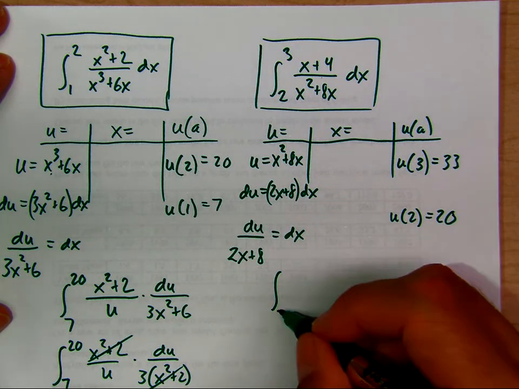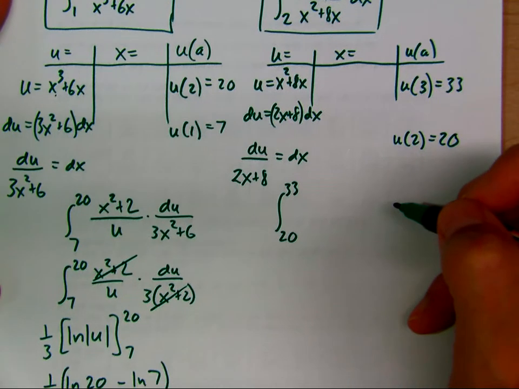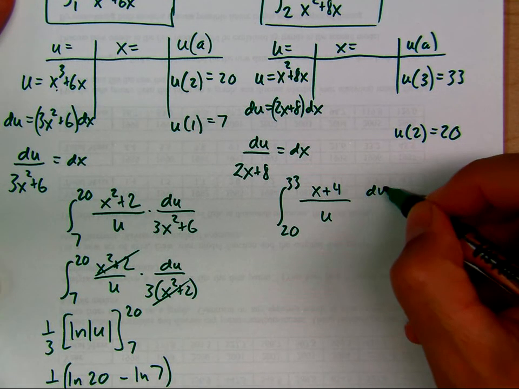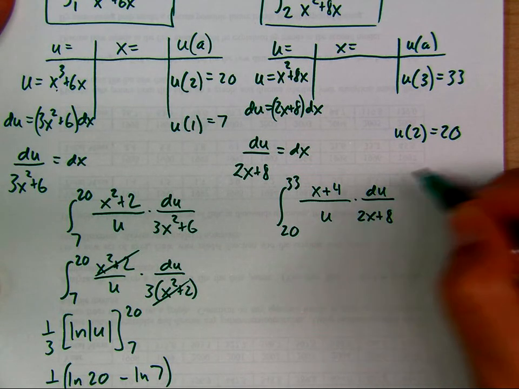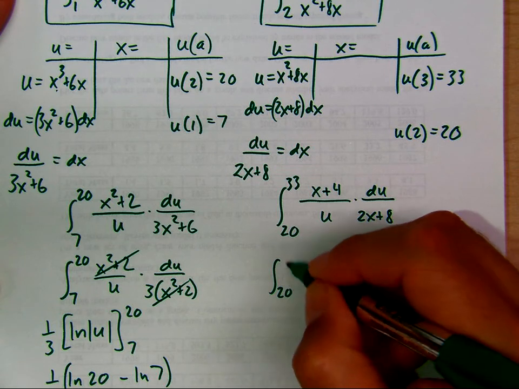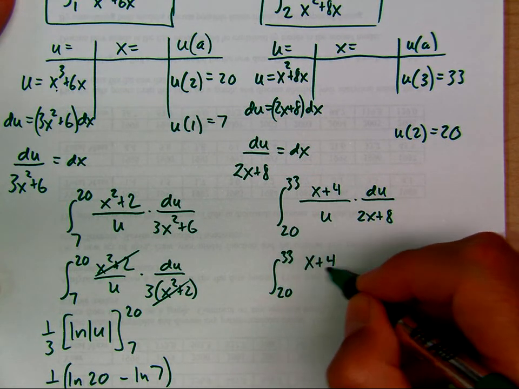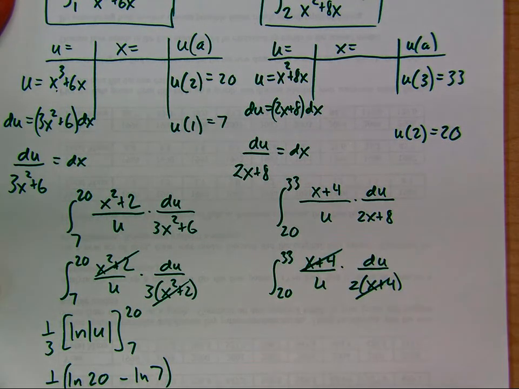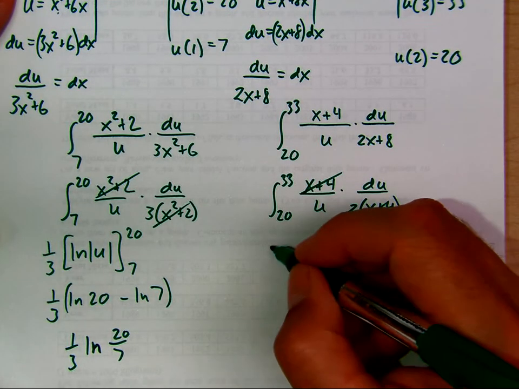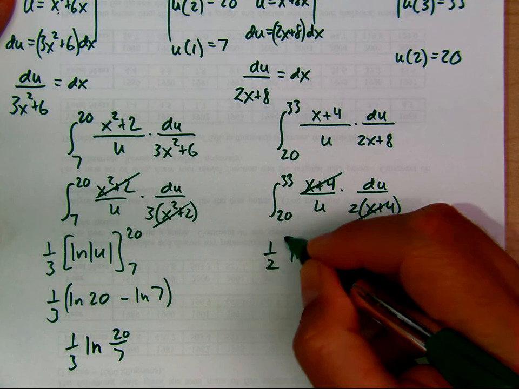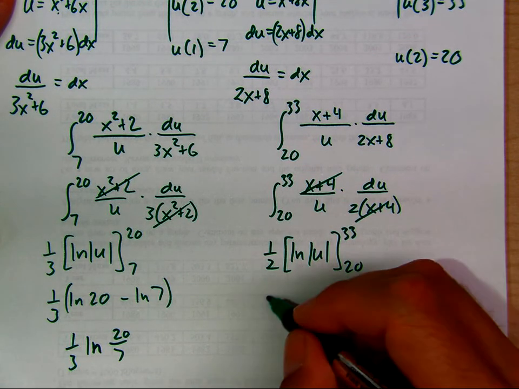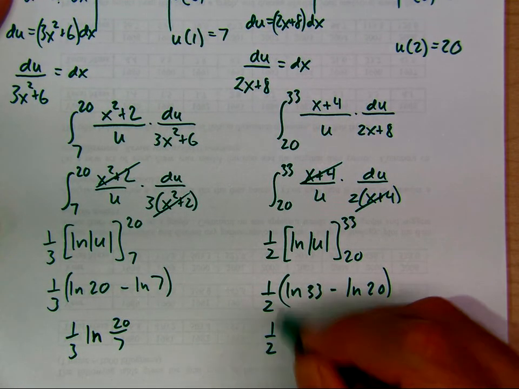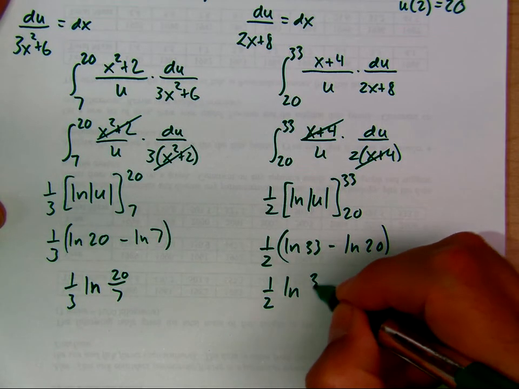Integral from 20 to 33. And that'll be 1/2 natural log of u from 20 to 33, 1/2 natural log 33 minus natural log 20, which is 1/2 natural log (33 over 20).